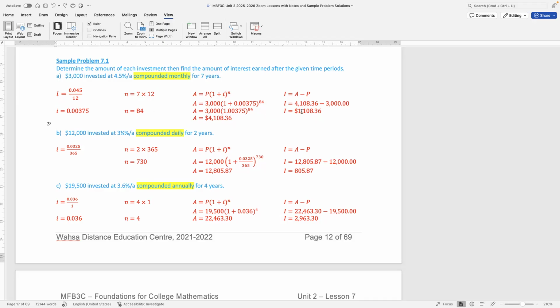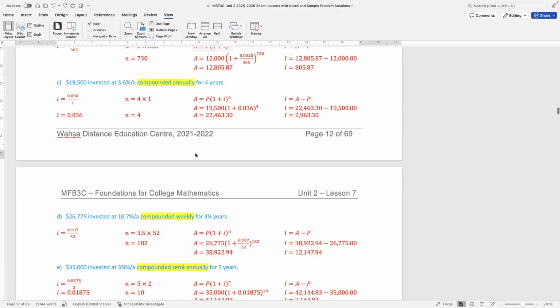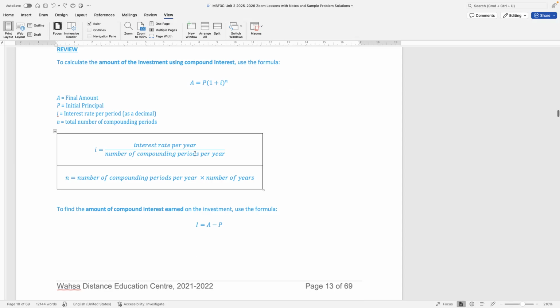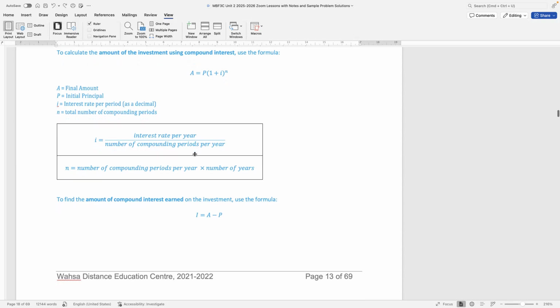But 1, 2, 3, 4. If it were a word problem asking you a question, we would put a statement and answer that question at the end. There are no questions here. It just says determine, so we don't have to write a statement. Okay, so there's a quick review of what we did yesterday.